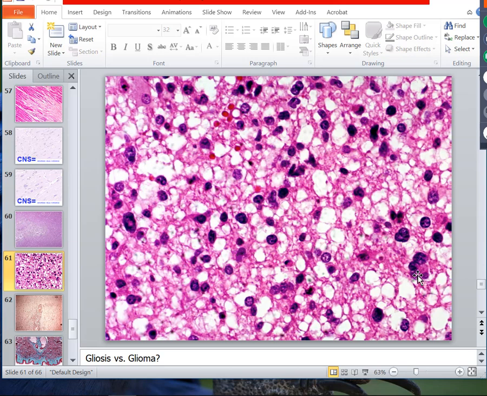And if they were really nasty looking and big and infiltrative, let's say, and causing necrosis, you might say, well, this is probably a malignant tumor of the brain. If they didn't show very much atypia or necrosis, you might say, well, maybe this is a benign tumor. But remember, even a benign tumor can kill you depending on where it is in the brain.